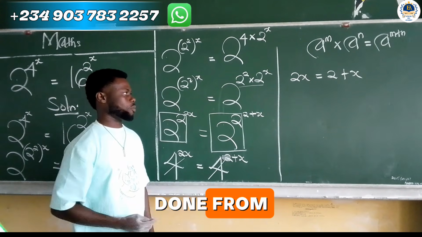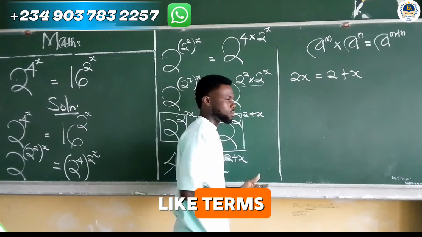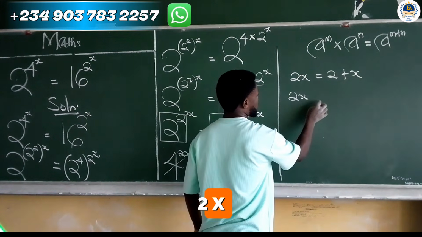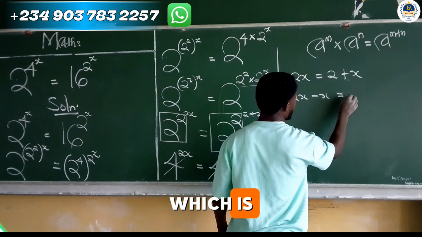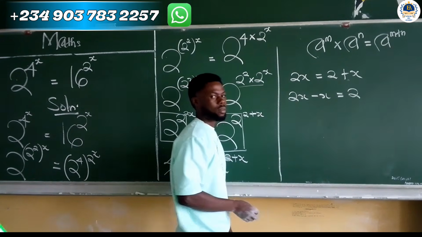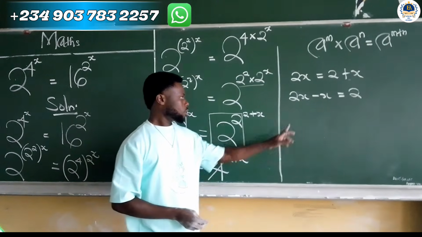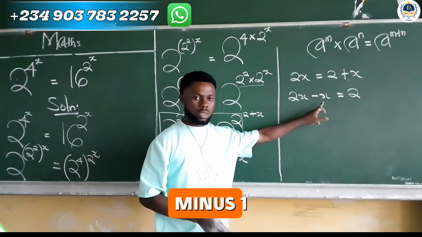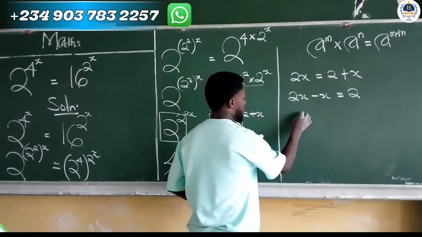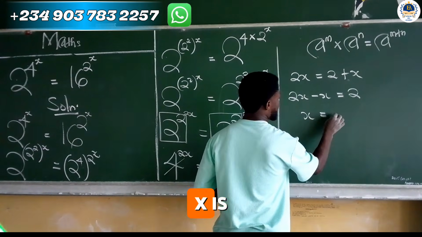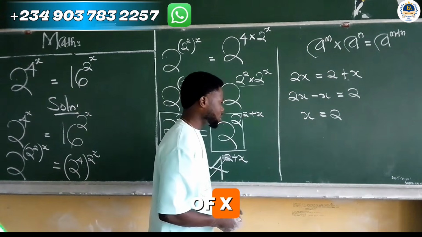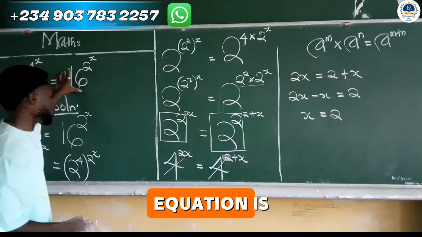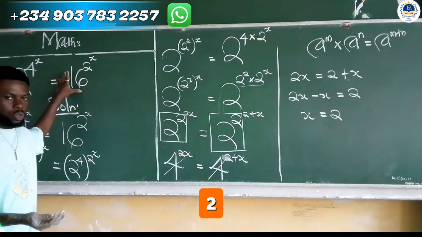Can you get it done from here? Collection of like terms: 2x, when this crosses over, it becomes minus x, which is equal to 2. 2x minus 1x gives x, and x is equal to 2. At this point, the value of x from this equation is equal to 2.